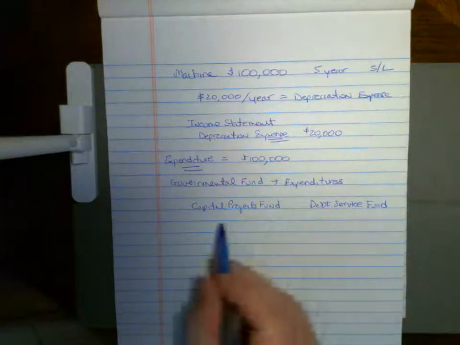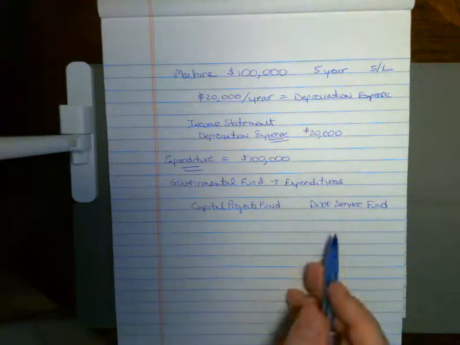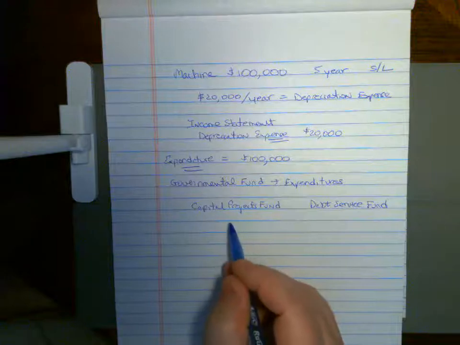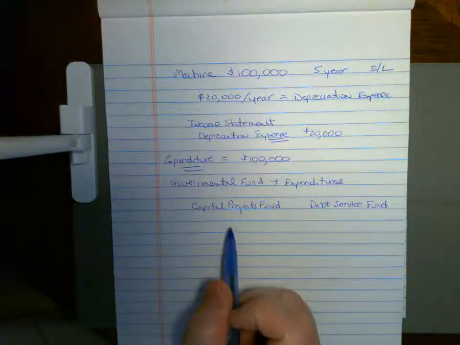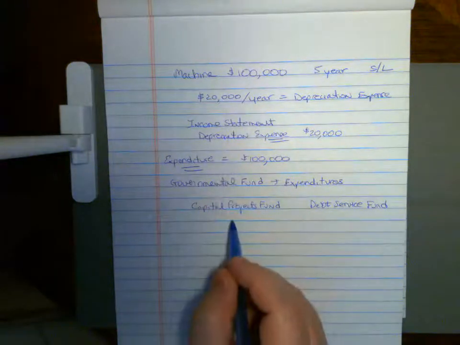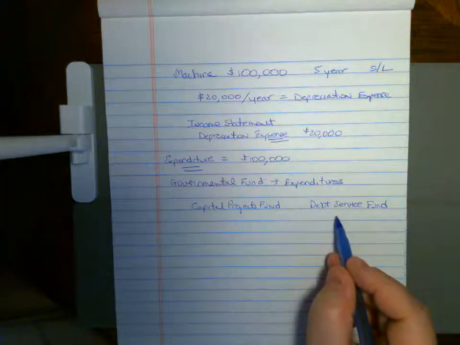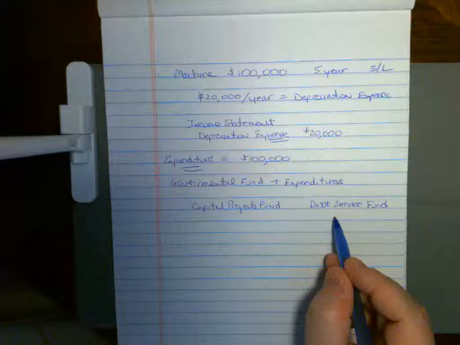And these two would interact with one another for the purchase of this item. And so they would set up in their fund a place for this $100,000 machine to show up, and the servicing of the debt would occur within the debt service fund.